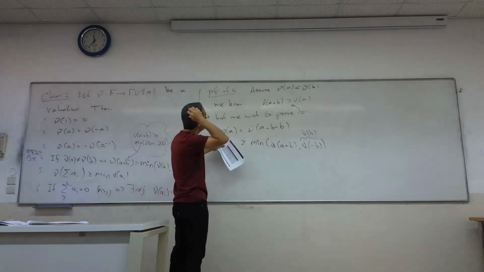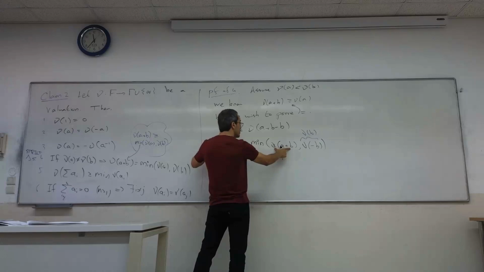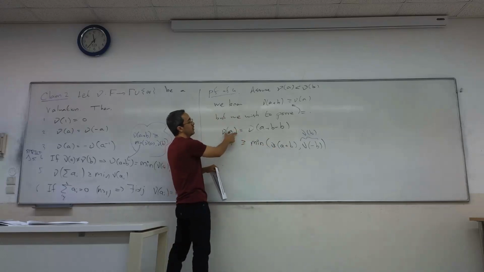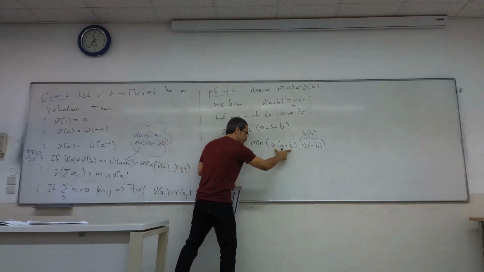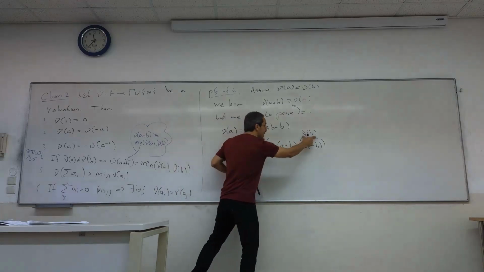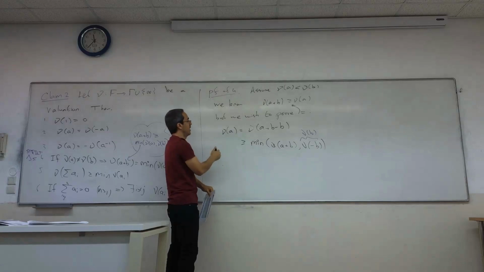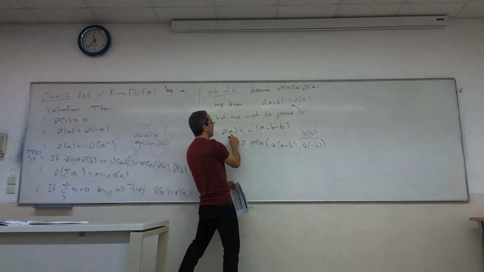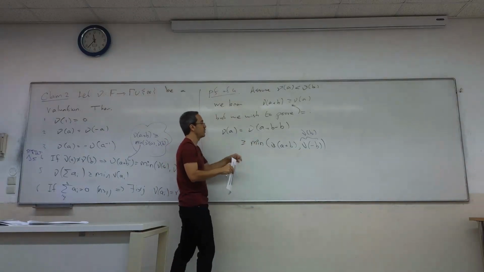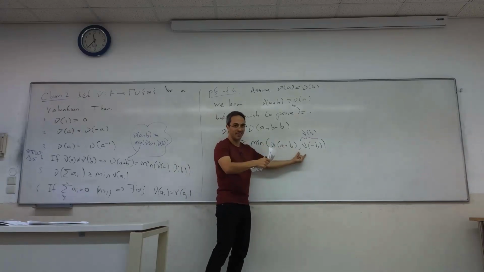And now you just need to stare and see that you're done. Because you want to prove that it's equal. By contradiction, if this would have been larger than that, and because this is larger than that, you'll get a contradiction. So unless you get equality here, you get a contradiction because this would be larger than the minimum of two elements which are larger than it.